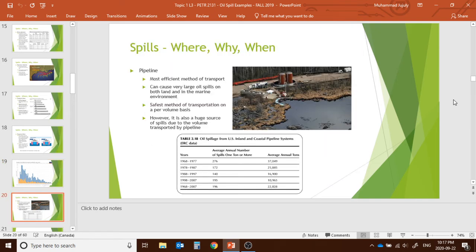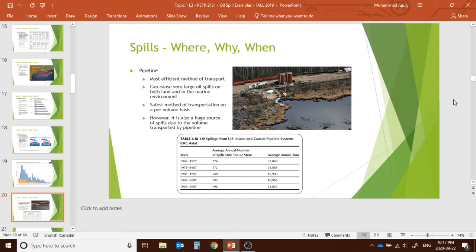Another source of oil spills is pipelines. This is one of the most important sources. Mostly the pipeline oil spills are on land. We have very few subsea pipelines, so the quantity of spillage is lower.